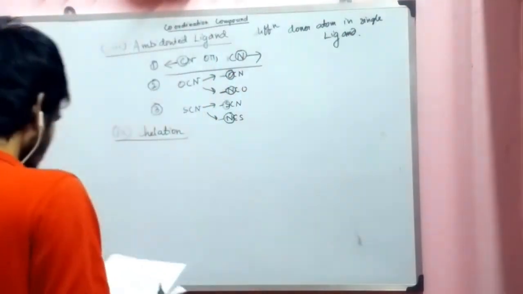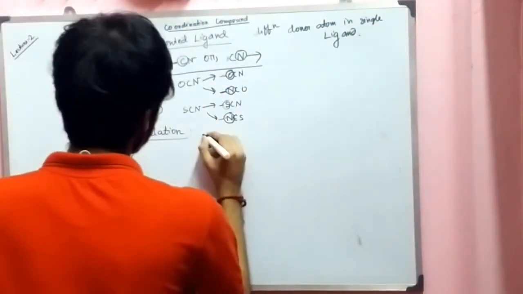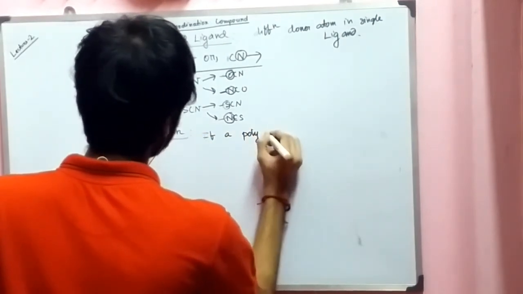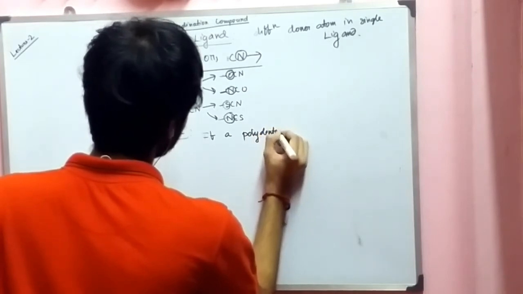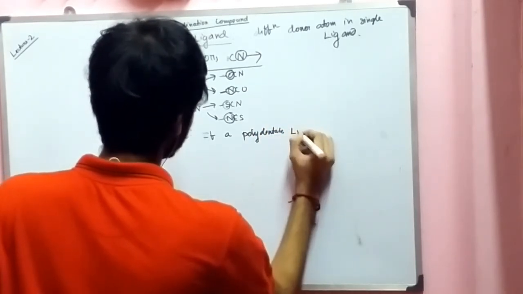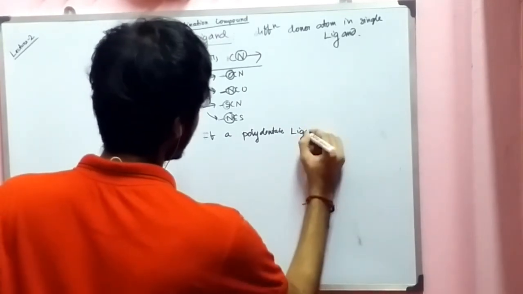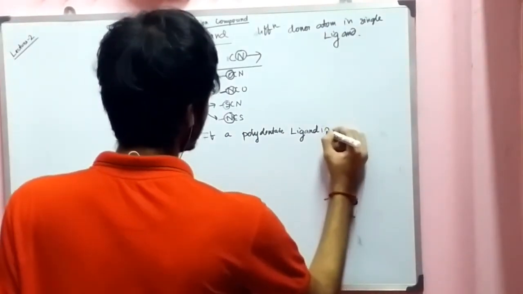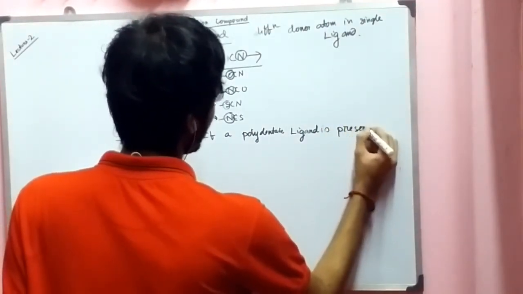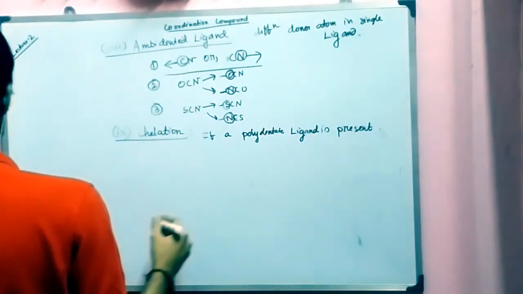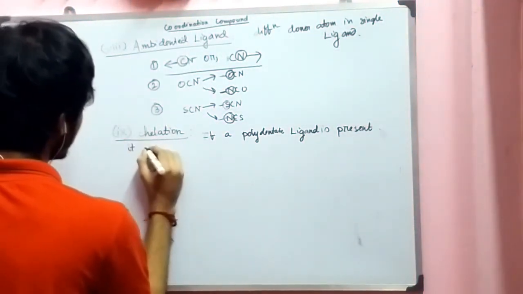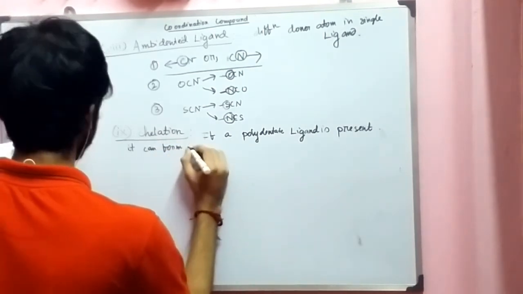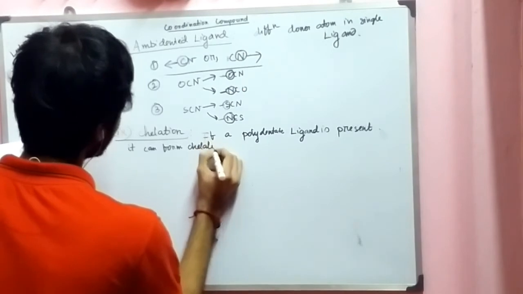Okay, so if a polydentate ligand is present, it can form a chelate ring.